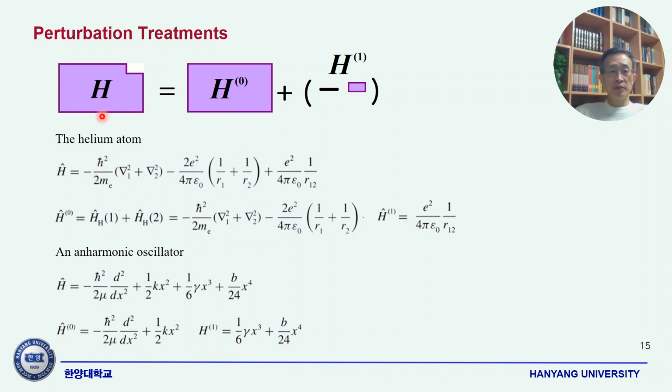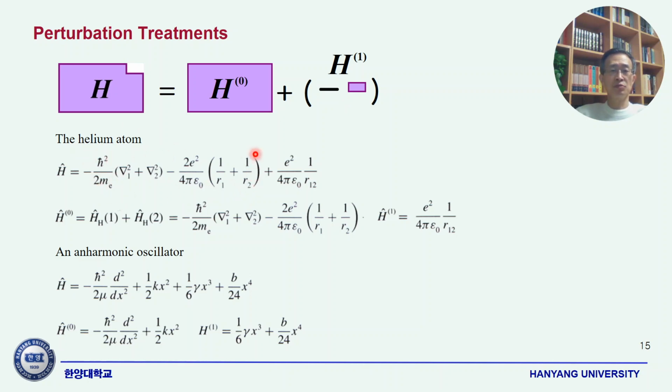So there is a problem with a Hamiltonian like this, and then there is one very similar to that which is exactly solvable. This is easy, just width times side. Which we call H naught. And then the little thing is the perturbation. So in the helium atom case, there are two hydrogen-like atoms.